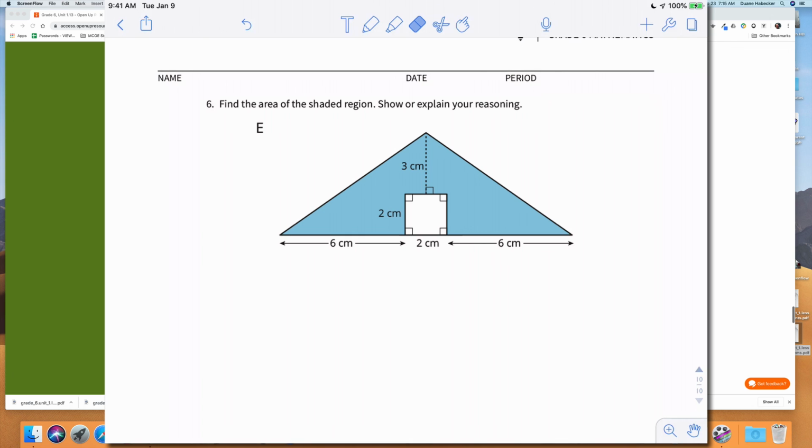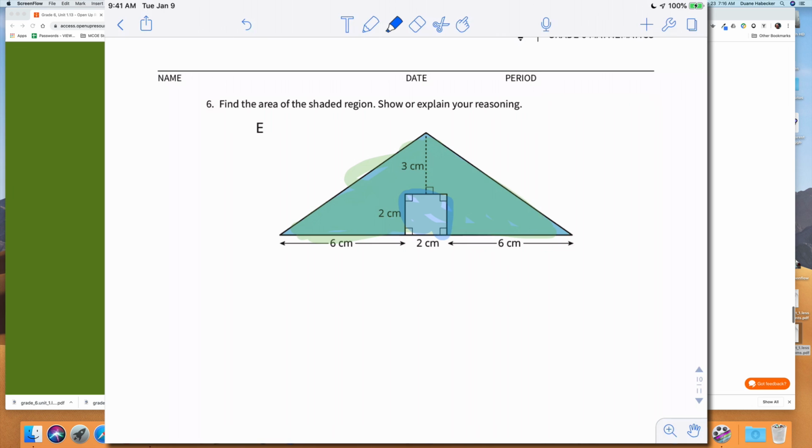I'm going to think about trying to find the area of the whole triangle, pretending that that whole triangle is complete. And then, once I've found the area of the whole triangle, I'm going to find the area of this little square right here. And then I'm going to subtract those two things. And that's going to be how I get the answer.